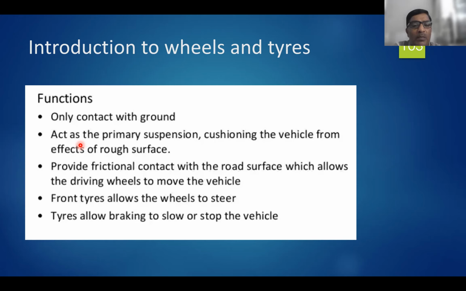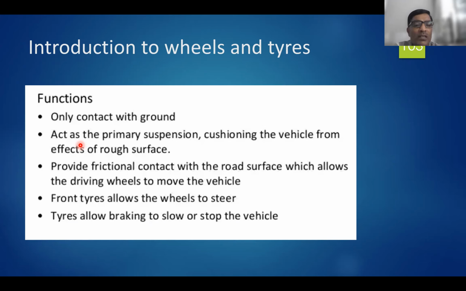But in the suspension system, the first shock is absorbed by the tire. As it is the material which can be used to cushion the vehicle, the direct impact will first be at the tire. So this is acting as a primary suspension element by providing cushion to the vehicle.